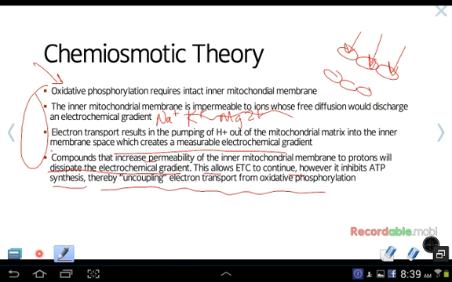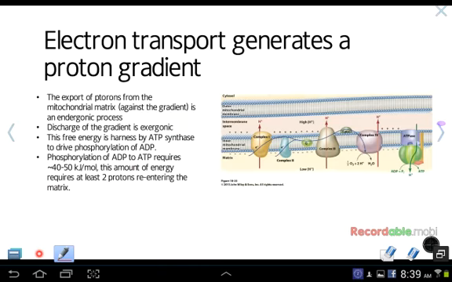So remember when we were talking about the case study with DNP, DNP was able to bind protons and transport it across the membrane back into the matrix, thus dissipating the proton gradient, thus getting rid of all the energy that we harnessed in order to drive ATP synthesis.